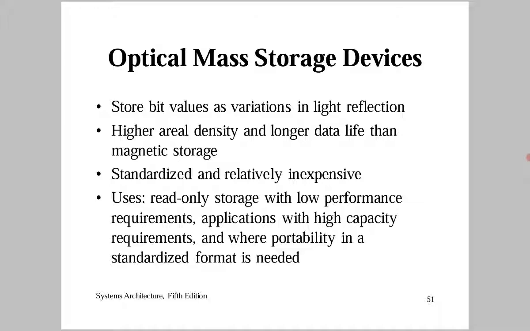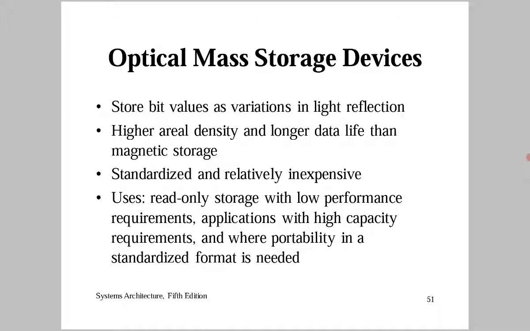CD-ROM means compact disc read-only memory, and there are many types of CDs: CD read only, CD write only, CD read write. CD drives are used to read the data or information from the CDs and transfer it to the CPU or the main memory.